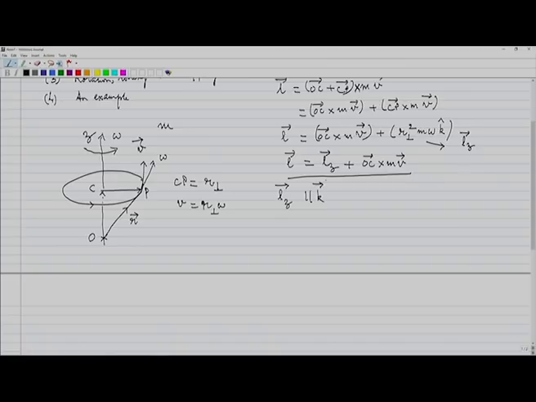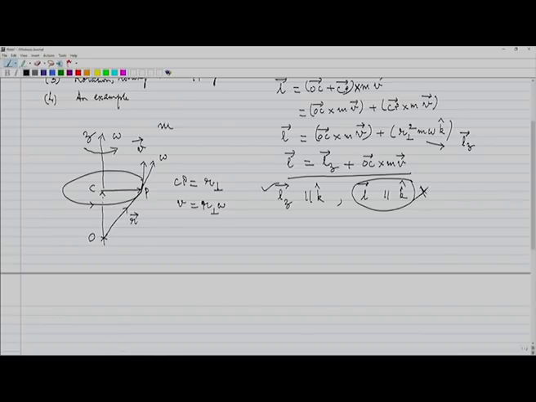But you can't say that L itself is parallel to the Z axis, unit vector K. This is not correct. This is right, this is wrong.